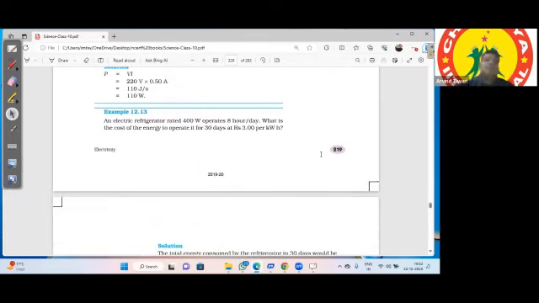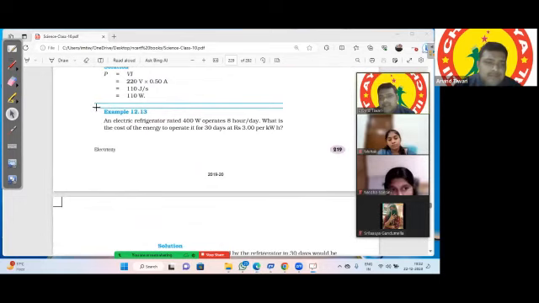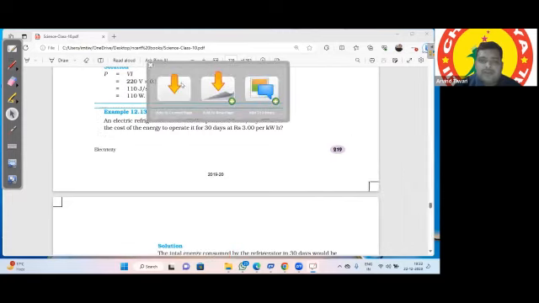Okay, just solve this one. Solve example 12.13. Solve these two questions. Let's see if you are able to compute it.